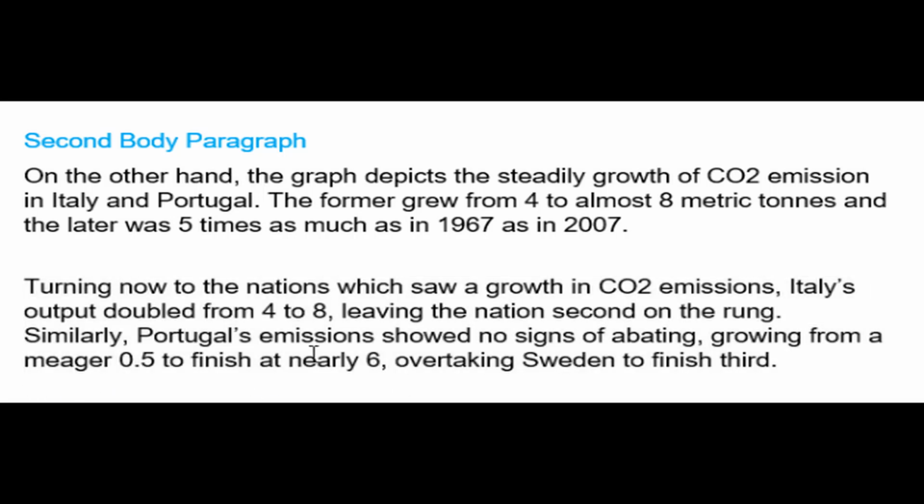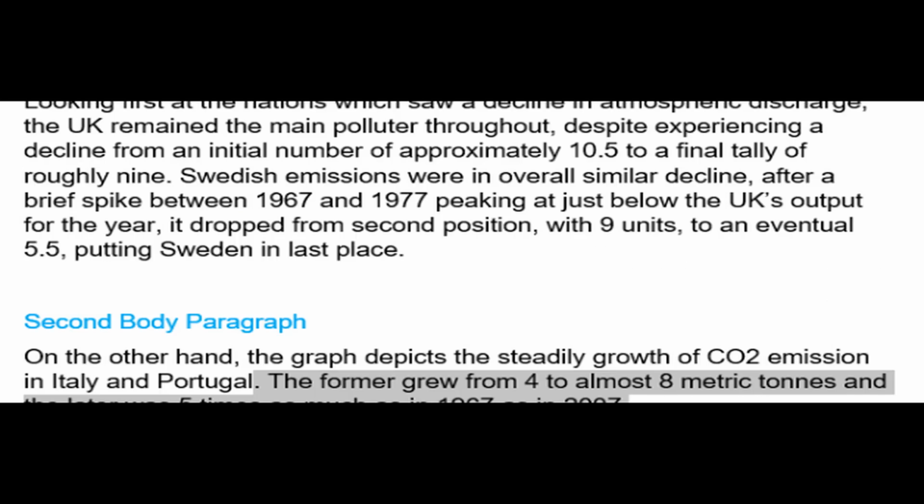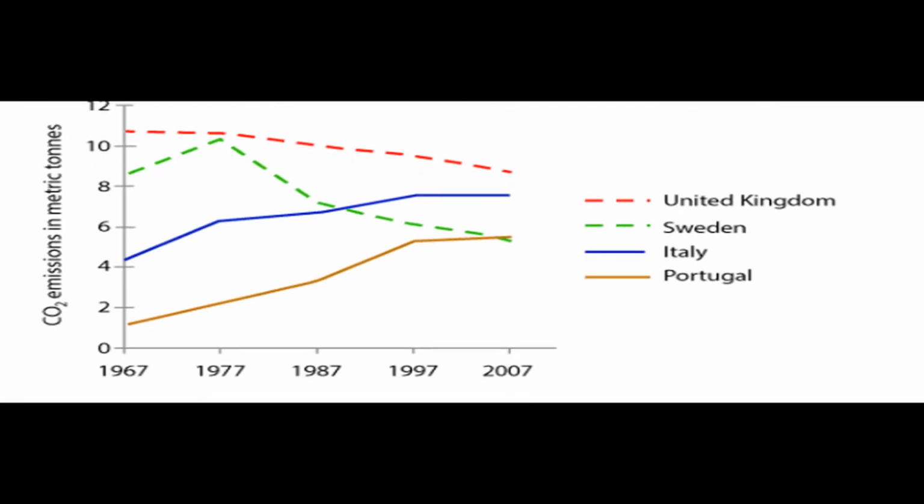Now, this is how I might reword this. The biggest reason why this needs to be reworded is because it's not exactly clear that the writer's response contains any sort of progression. Because if we look at the chart, the countries don't stay in the same positions, right?